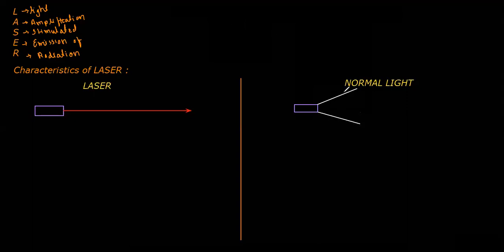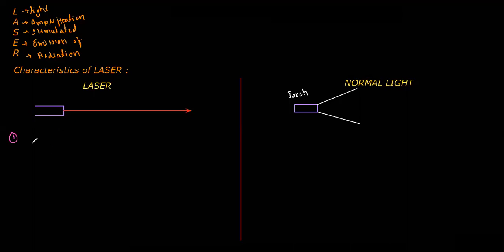So this is a laser, and this is a normal torch. Now the first major difference is coherence.